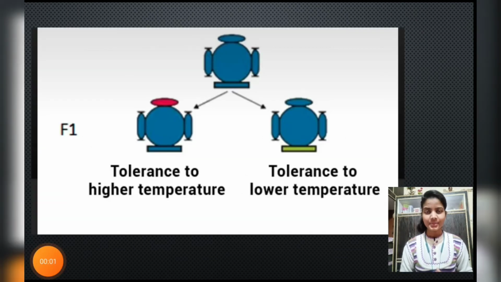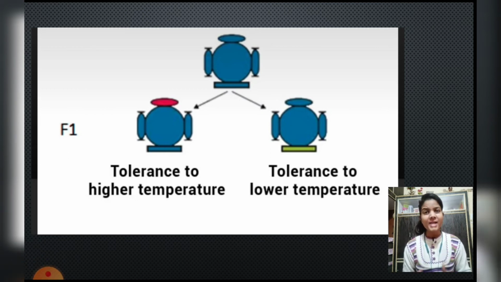For example, if one organism got a variation which helps in surviving hot temperature while another organism has cold tolerance, so in conditions of high temperature, the one with tolerance to higher temperature might survive and the other one will not.